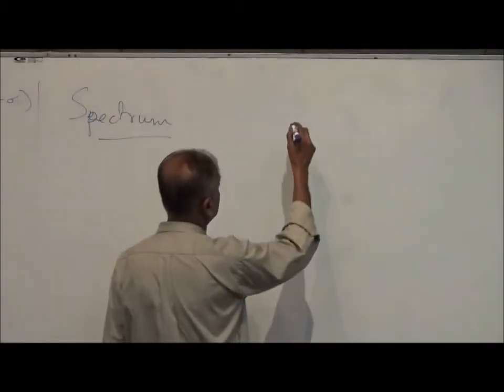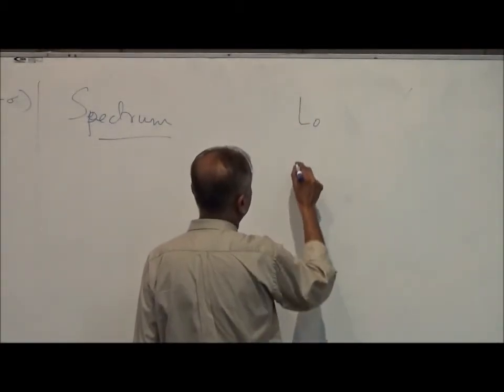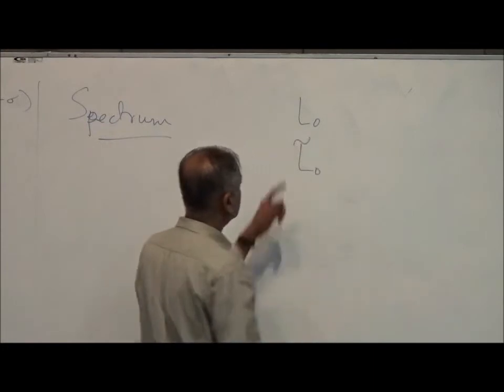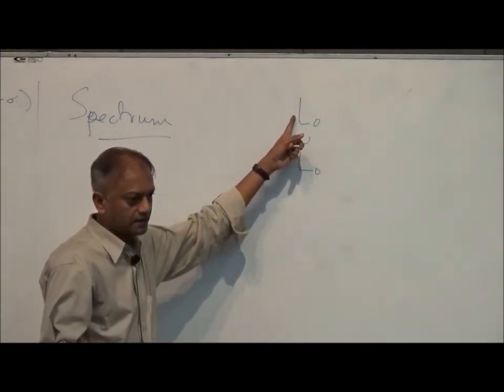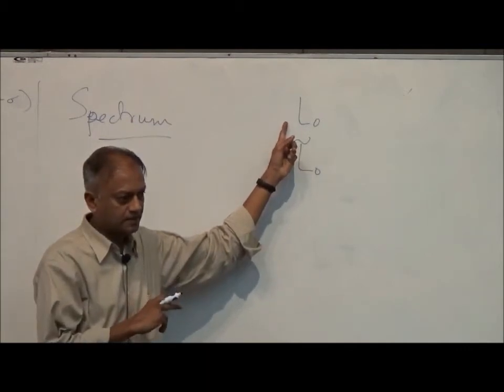For the spectrum, the main point to remember is what L0 and L0 tilde are. This is the left-moving Virasoro zero mode generator. We have seen this language last week.